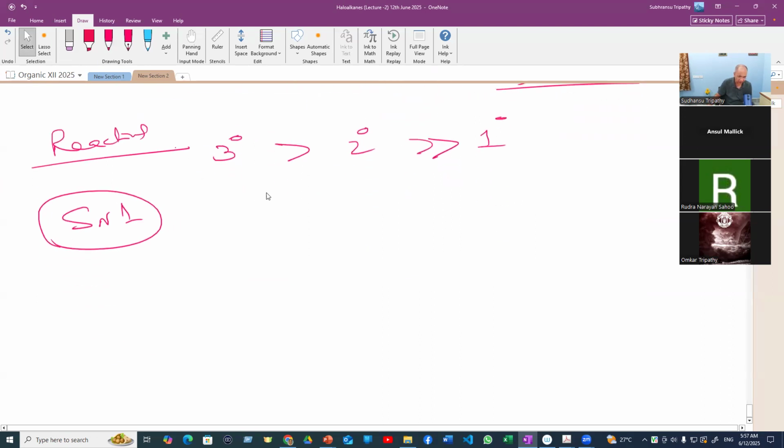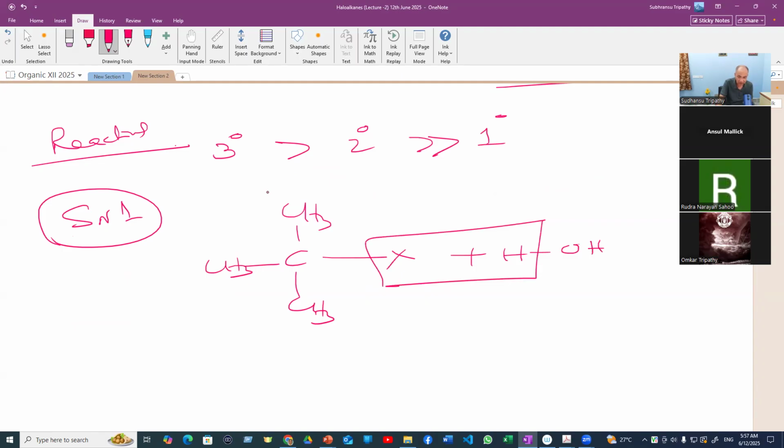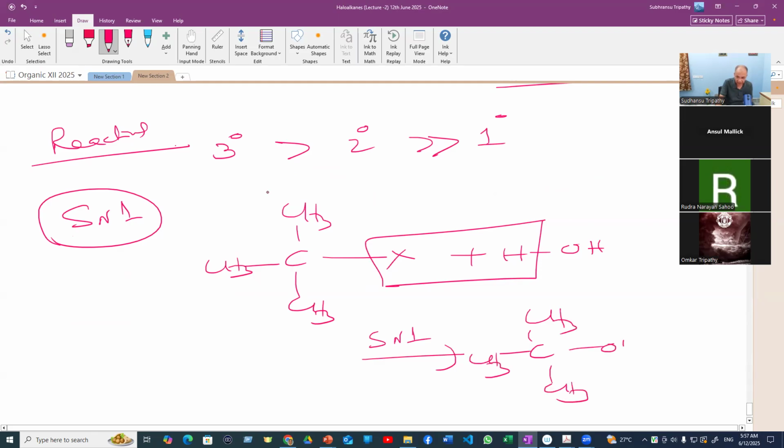Why? Because 3 degree carbocations are highly stable. For example, I am taking tertiary butyl halide, chloride, bromide, or iodide, and adding water, simply water. So by SN1 mechanism, it will produce tertiary butyl alcohol.